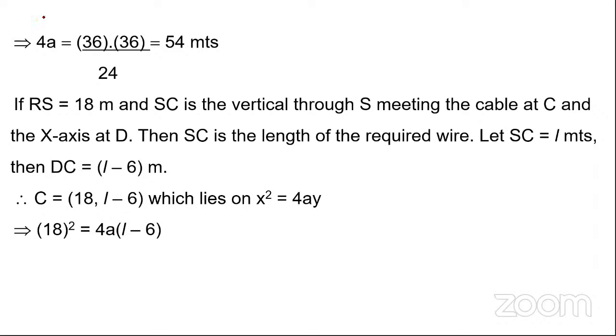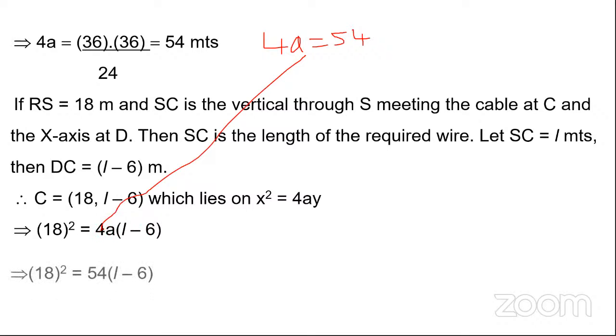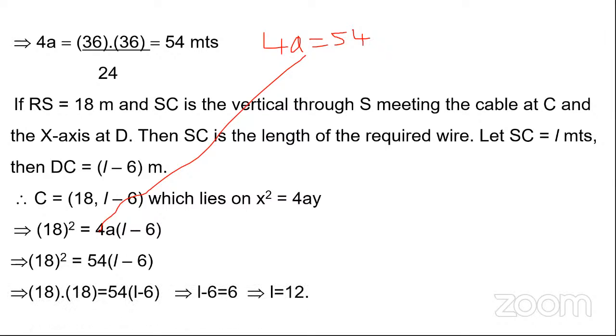We know 4a equals 54, so substitute it here: 18 square equal to 54 of L minus 6. So 18 into 18 equal to 54 of L minus 6.